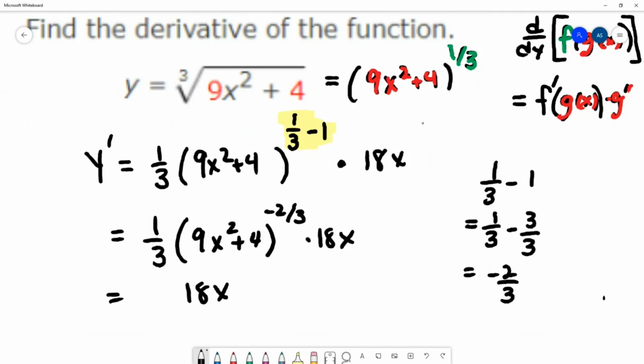This is 18x over 3 times the cube root of 9x squared plus 4 squared.